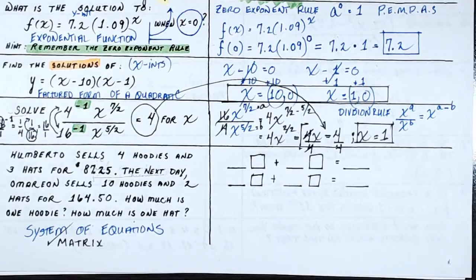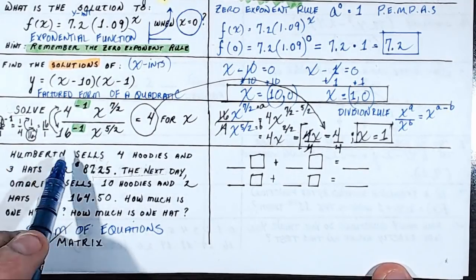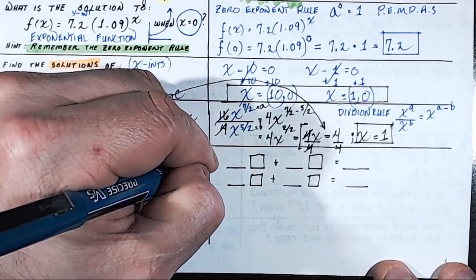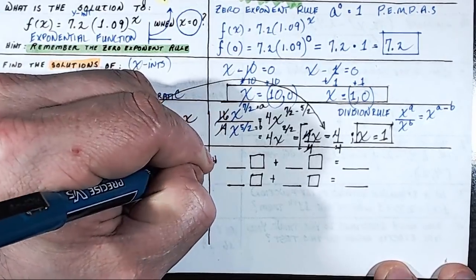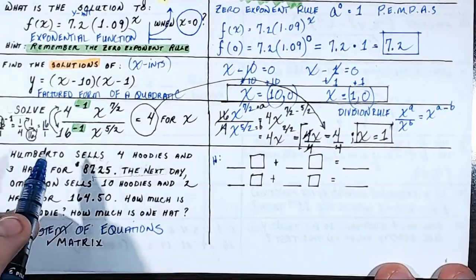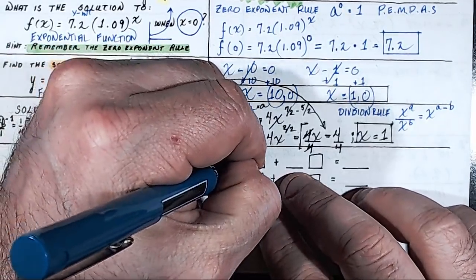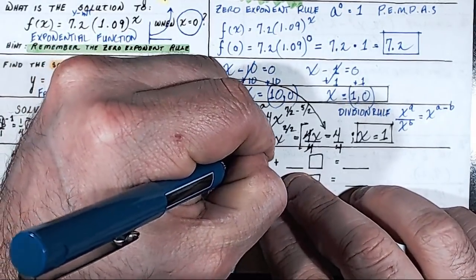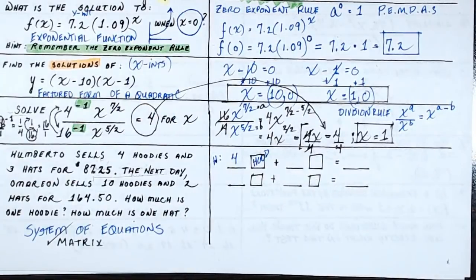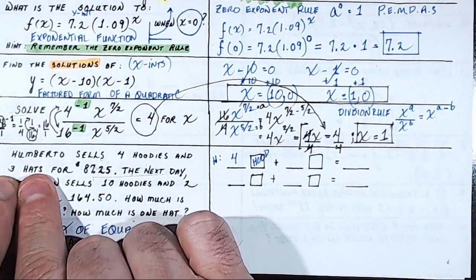So we're going to be active readers here. First of all, we have to say Umberto. So we'll give this H. So this is going to be about Umberto. What did Umberto sell? Umberto sold 4 hoodies. So 4. And then since hoodies and hats both start with H's, we'll write like hood. 4 hood plus 3 hats.